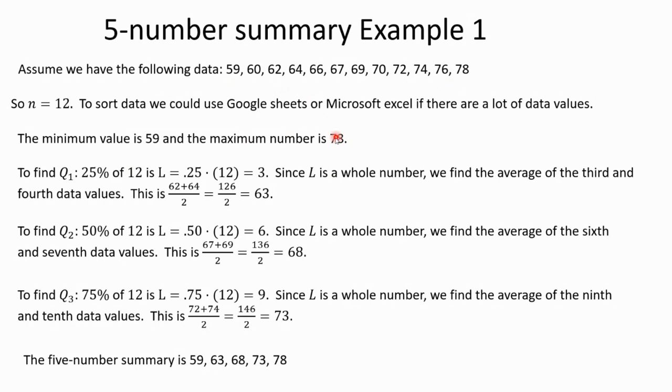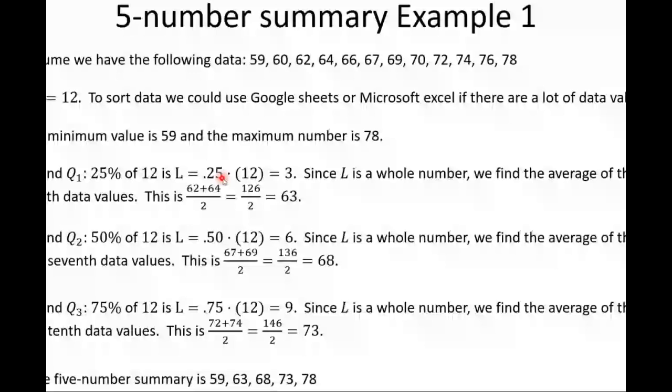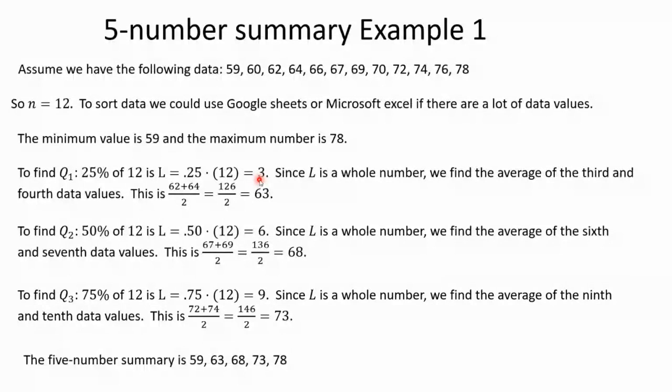Now we get the quartiles. We get Q1, Q2, Q3. For Q1, 25% of 12, we're calculating that L, which is 0.25 times 12. L was 0.25 times n, the same thing as 25% of n. That's 3. This is a whole number. What's nice is that the data is all in front of us and it's already sorted.